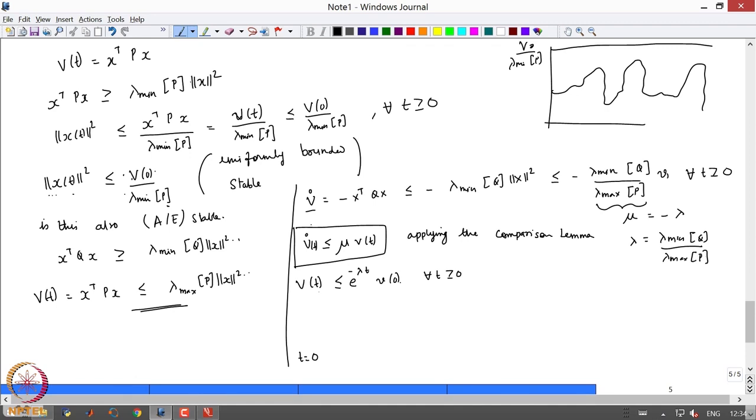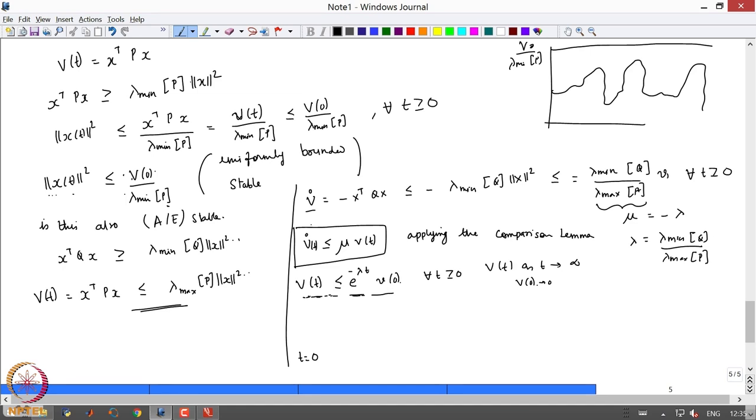Okay. So, what does this tell me about V? This lambda will always be greater than 0 because Q and P are positive definite matrices, so all their eigenvalues will be strictly positive. This negative sign will add up to that and say that V of t, as t goes to infinity, will go to 0.